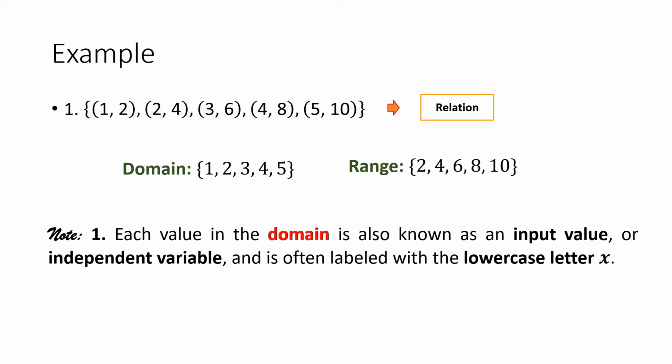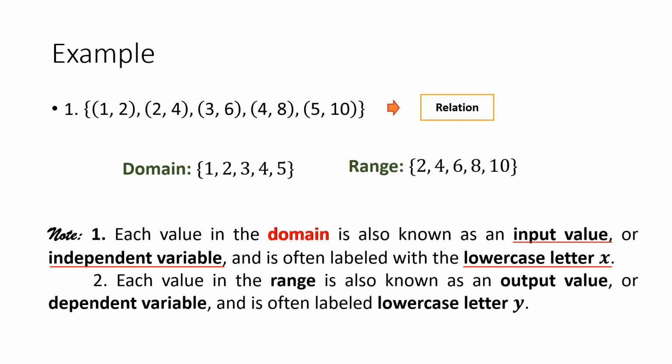Number 2, important note: each value in the range is also known as the output value or the dependent variable, and is often labeled with the lowercase letter y. If the domain is the input value or independent variable, the range is the output value or the dependent variable.